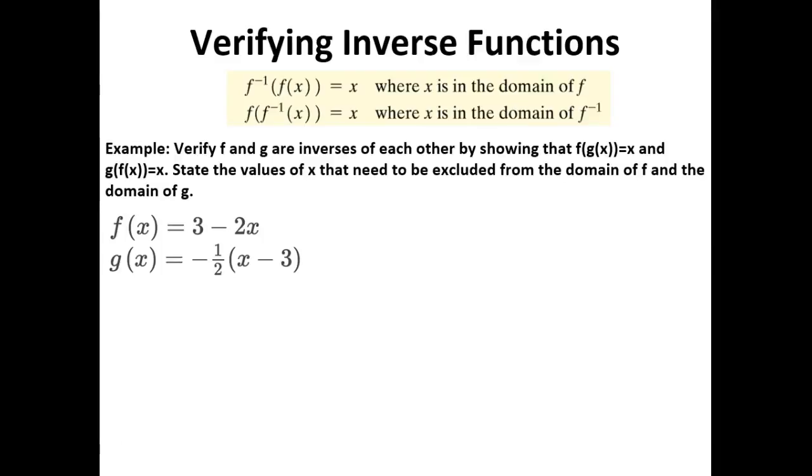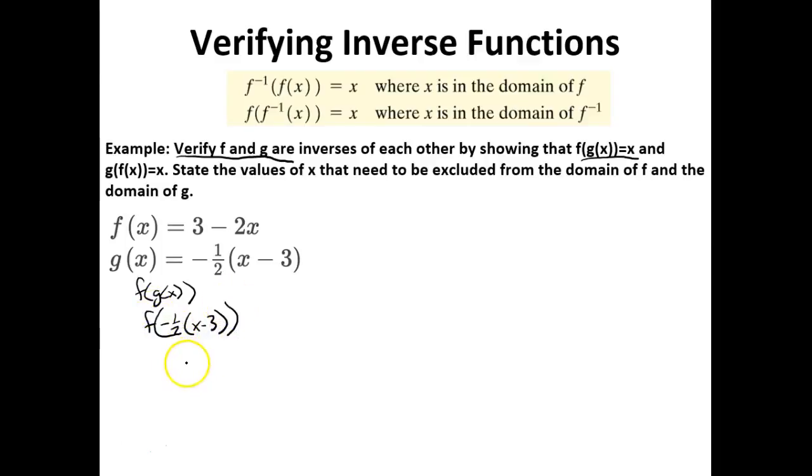So when it says verify f and g are inverses of each other by showing that f of g of x is equal to x, what this is saying, f of g of x, when we put something into g, we get out this, we're then going to take what came out, and put it into the function f.